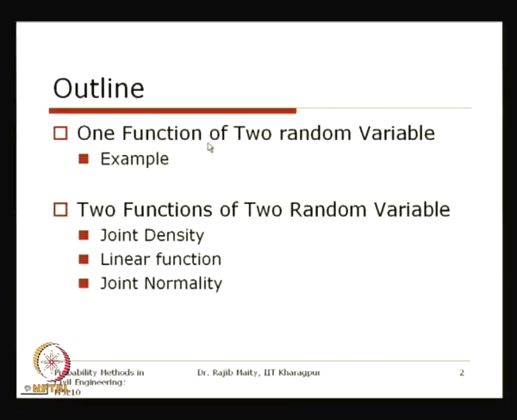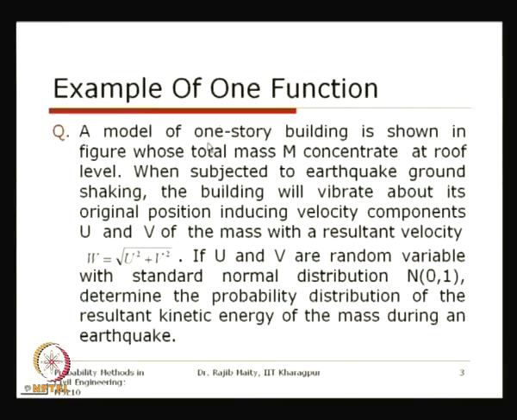So to start with, we will take one more example of one function of two random variables, and this example is based on the kinetic energy stored in a structure during an earthquake. During an earthquake, a structure vibrates, and we can have its velocity components in two orthogonal directions and obtain the resultant velocity, and we may be interested to know the properties of the resultant kinetic energy.